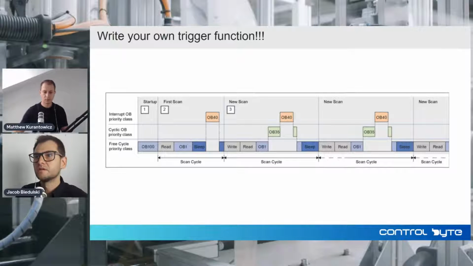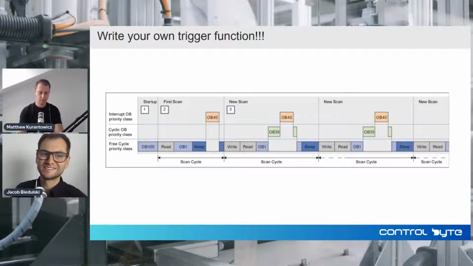And at the end of the code, we transfer the state of the start button to the auxiliary variable x previous state. And in the next PLC cycle, we start our code with checking the current state of the start button and the state from the previous PLC cycle.